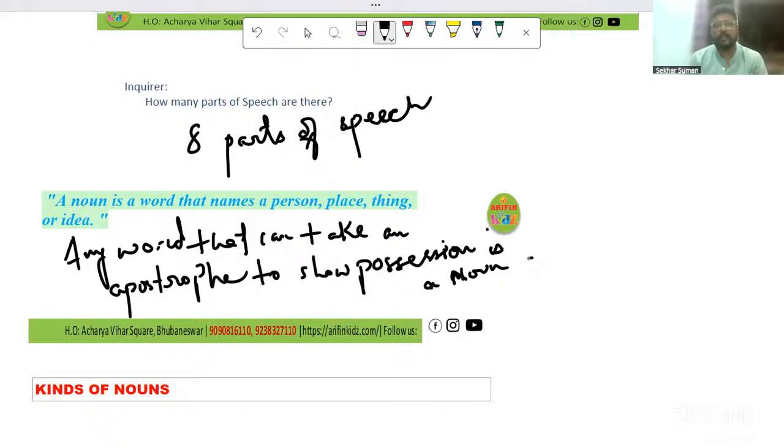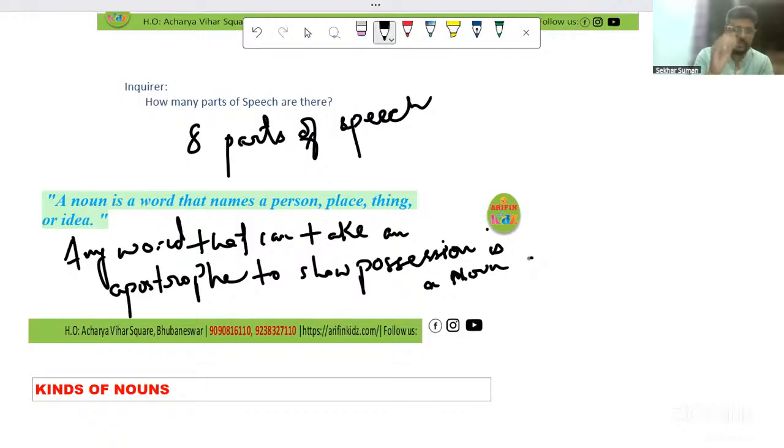For example, I would like to take the example from the chat box, like Aruna Sahu, right? Aruna. Now Aruna's phone, Aruna's book, right? Kirabdi's pencil.